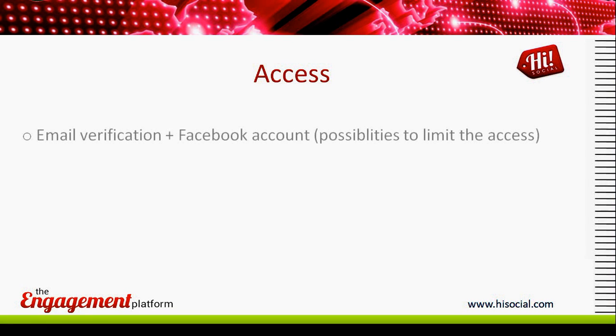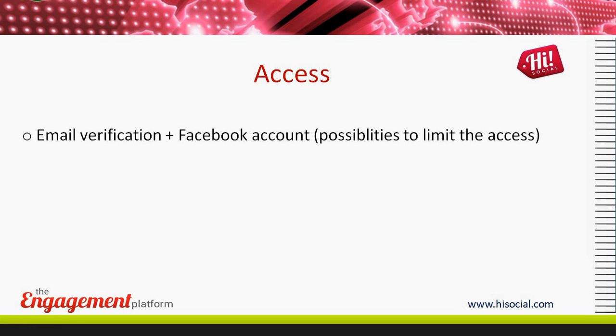There are several ways, but we will focus on the ones currently available at High Social. First, we will ask participants in any promotion to verify their email with a double opt-in. In this case, not only do they have to provide an email, but they have to click on the link from the email they receive in order to confirm the email, and along the way the IP address is saved.